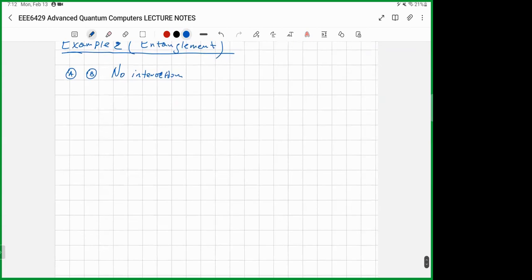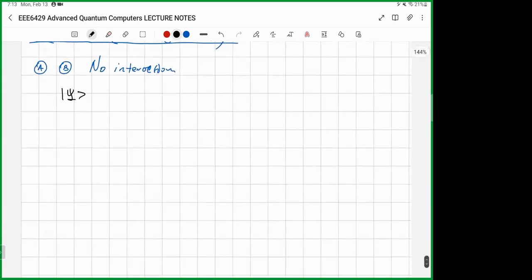How do we find the psi state of the system without interaction? It's just a product of the corresponding state vectors, right? So the total state will be what?